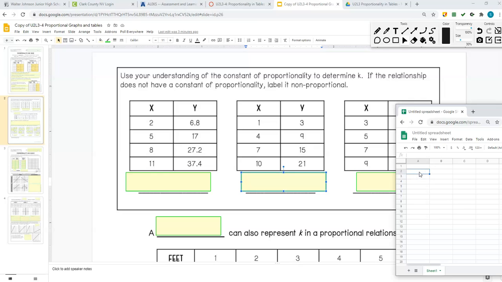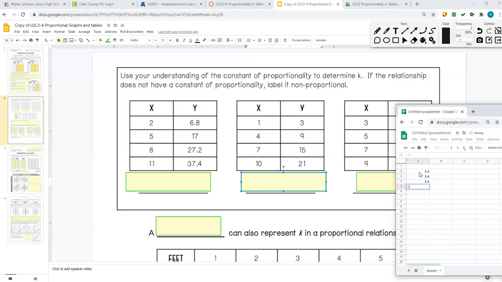So I'm going to go ahead and think about my 6.8 divided by 2. And then I'm going to get 17 divided by 5. And then I'm going to get 27.2 divided by 8.